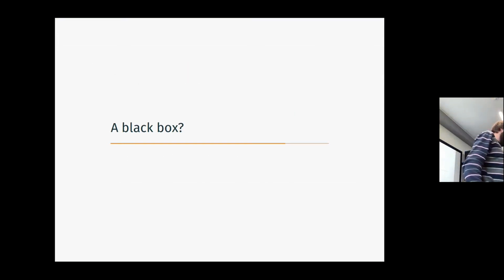Okay. So now maybe you've heard this. I don't know. Did you? It's always said that machine learning, or neural networks in particular, are a black box. Have you heard that? Yeah.